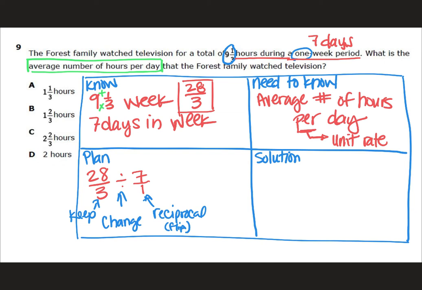So now it's going to look like this. I'm going to keep the 28 over 3. I'm going to change my division to multiplication because I cannot divide fractions, but I can multiply them. And then I get the reciprocal of 7 over 1, or I flip it to 1 over 7.